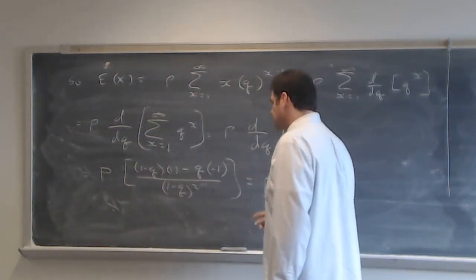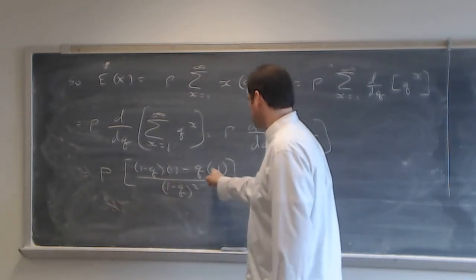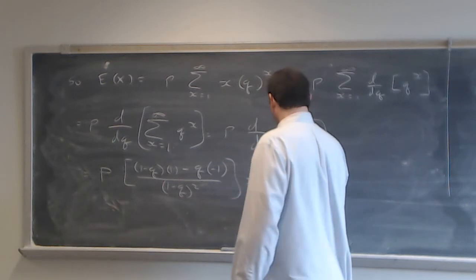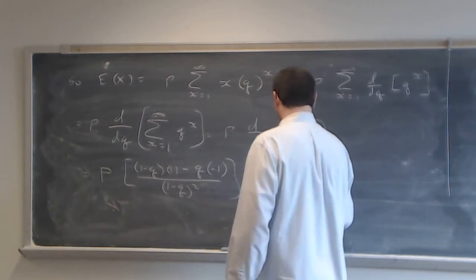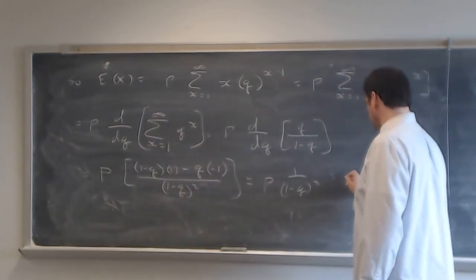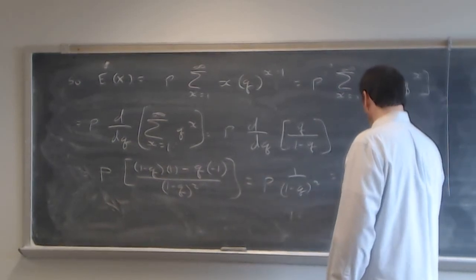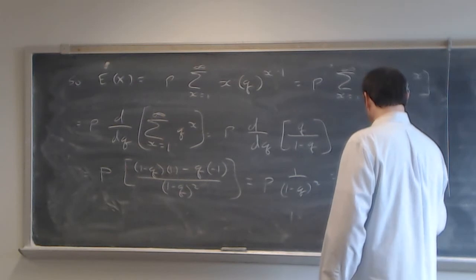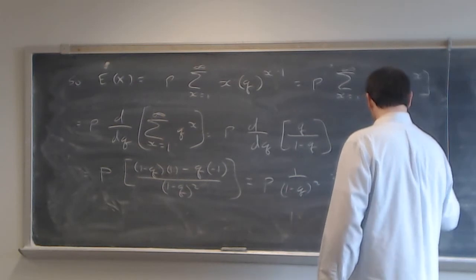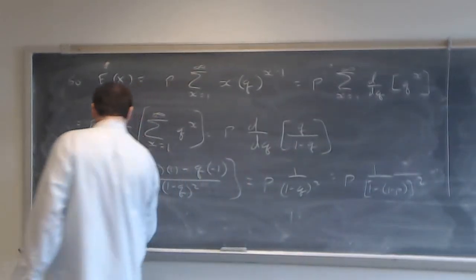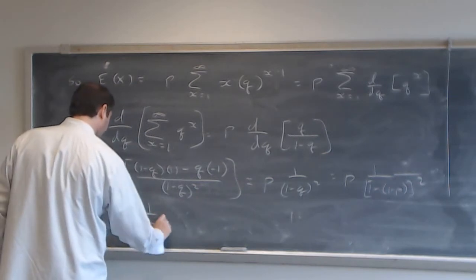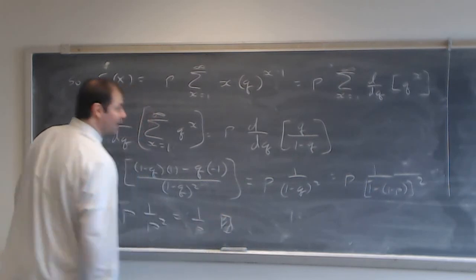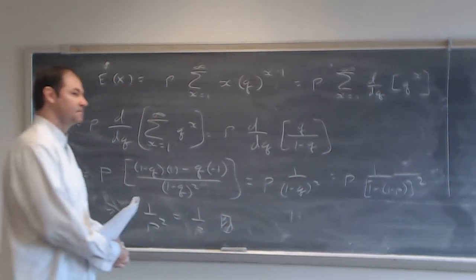That's p times, well, plus q and minus q, so you just get 1 over (1 minus q) squared. What was 1 minus q? q was 1 minus p, so 1 minus q is p, and that gives p over p squared, which is 1 over p. So symbolically, we got the result we were looking for.